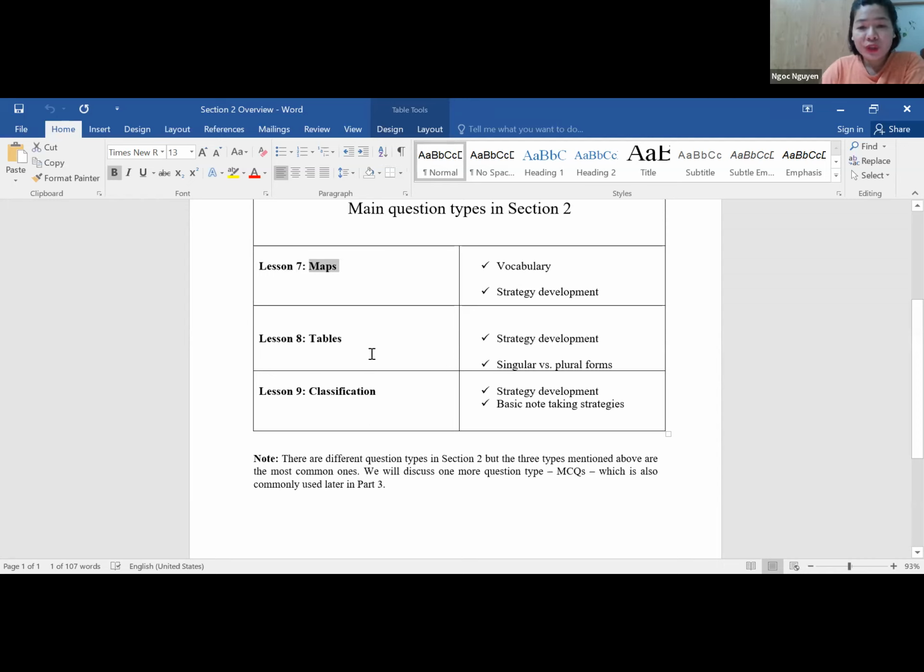Number 2, yes, we'll learn how to deal with tables. And in lesson number 8, in lesson number 9, we'll learn how to sort out information, how to put information in the right category, how to classify information in different groups, and the name is classification. All right.